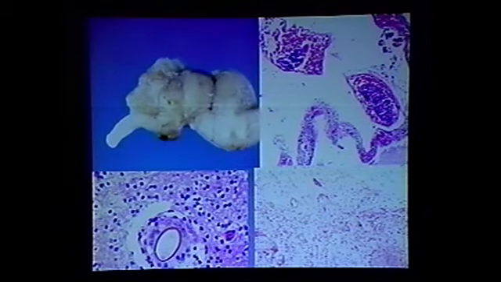This is the brain from a loggerhead turtle showing areas of granulomatous inflammation, these foci of white nodular discoloration and proliferation. There's also some green discoloration due to meningitis associated with large numbers of trematode ova and migrating miracidia.